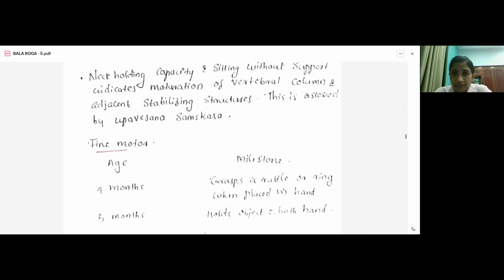We have discussed all these points. These things are very important. Then only can you easily recall them at the time of examination, right?